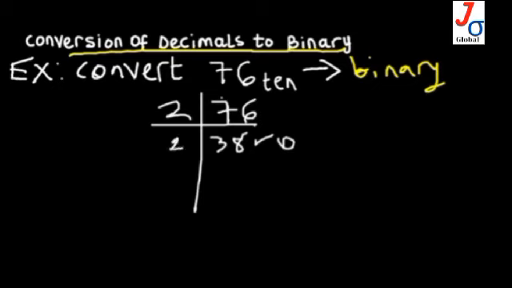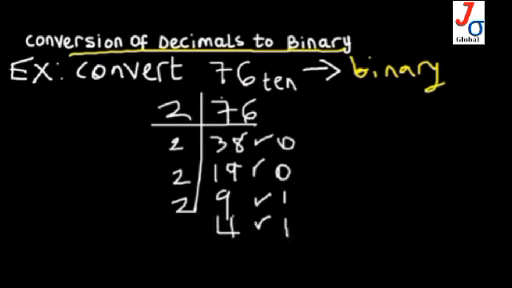Then 38 divided by 2, you have 19. Remainder 0. Then divide 19 by 2, which gives us 9, because 9 times 2 is 18. That's remainder 1. Then 9 divided by 2 gives us 4, and 4 times 2 is 8.